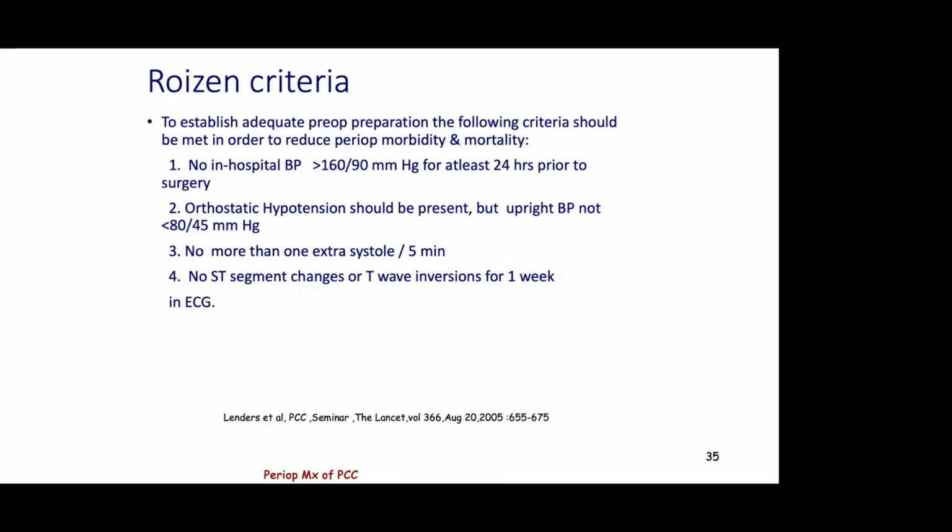We are all familiar with Roizen's criteria, which define safety. If we reach these criteria, it is safe to take up the patient for surgery, whether at one week or after 2 weeks. No in-hospital blood pressure should be more than 160/90 for at least 24 hours before the surgery; no orthostatic hypotension below 80/45; no more than one extra systole in 5 minutes; and no ST changes or T wave inversion suggestive of angina on the ECG.